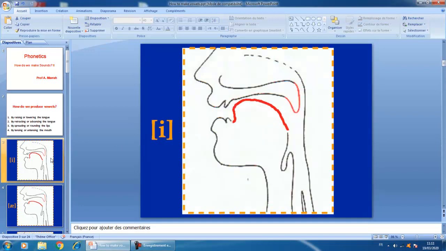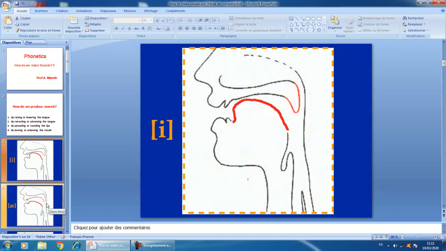Now let's have a look at an example of a vowel and try to see how it is produced. This is E, the vowel E. E is obtained by moving our tongue forward and raising the forward part of it. This is how we obtain E.